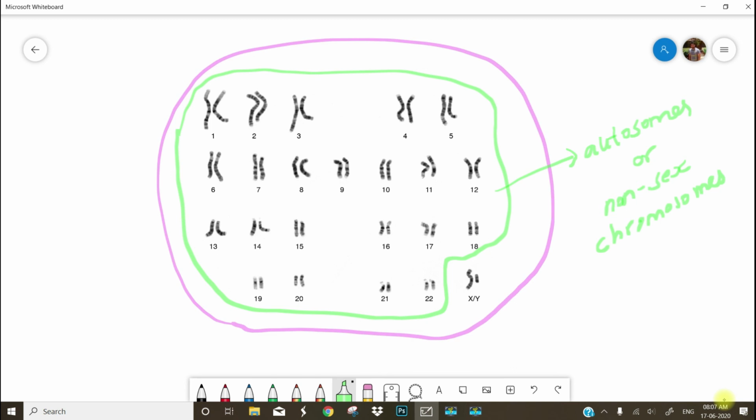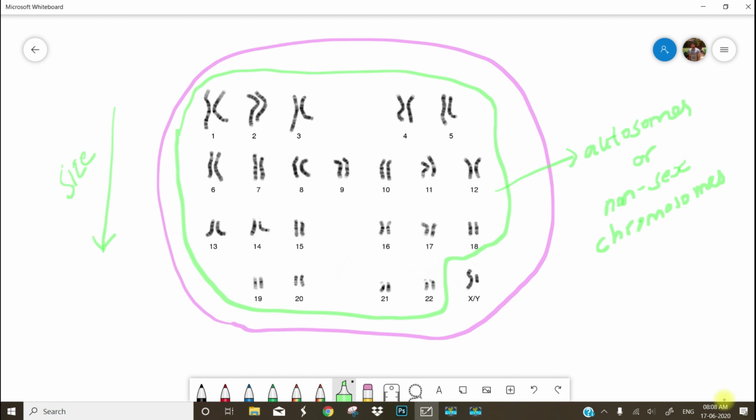They are referred to numerically. See, 1 to 22 is there, based on a decreasing order of their size. That means chromosome 1 is larger than chromosome 2, and chromosome 2 is larger than chromosome 3, and likewise.